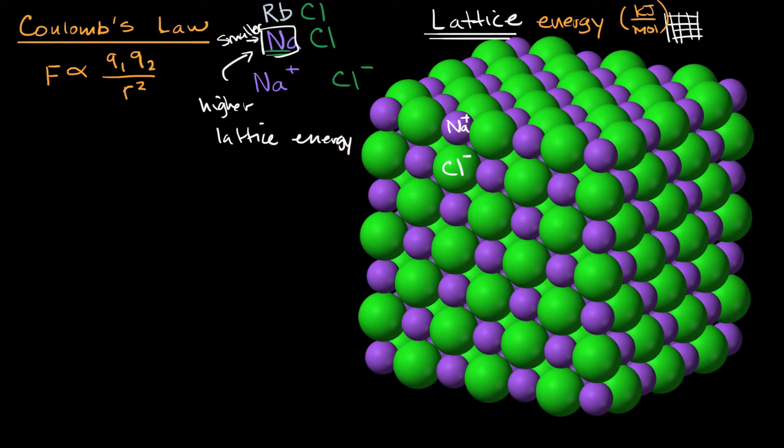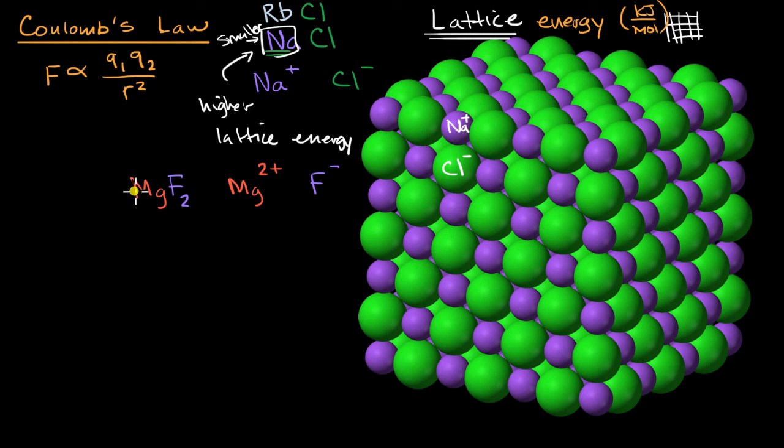Now let's think about another ionic compound. Let's say we were to think about magnesium fluoride, MgF2. And this is made up of a magnesium cation that has a 2+ charge, in a lattice with a bunch of fluoride anions.